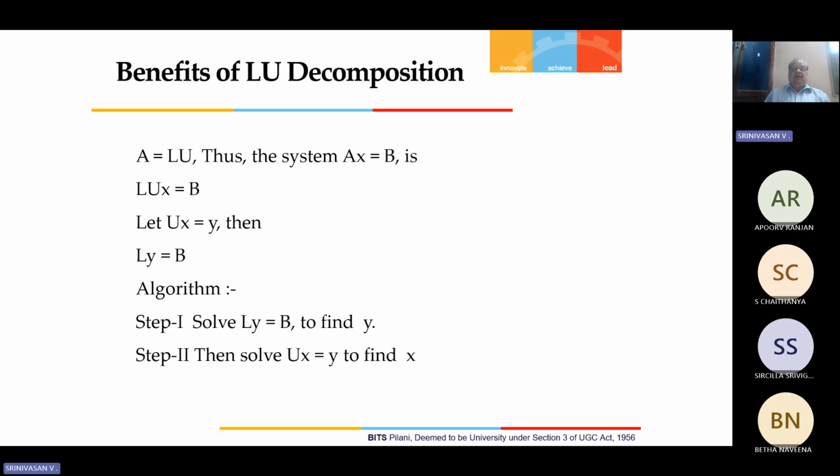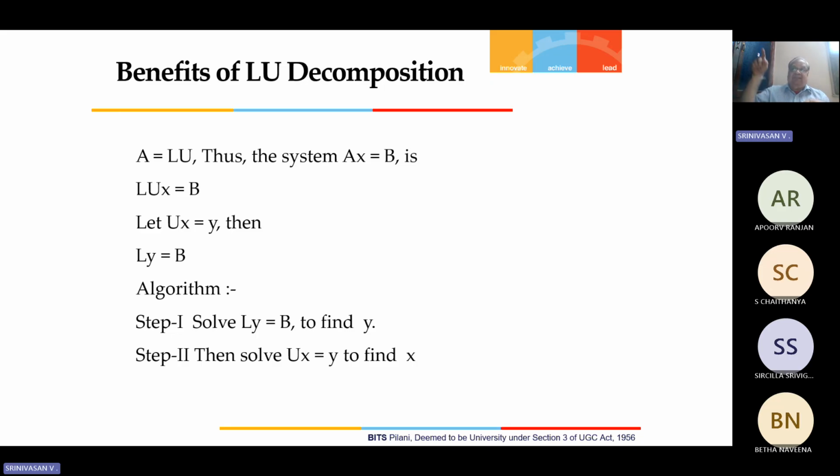But here, since there is a decomposition of the given A into L and U, you have LUX equal to B, which means you cannot directly handle LU over X. So you need one unknown matrix. You think of your inner part UX. Let it be some Y. Then LY equal to B, isn't it? In the place of UX, you have Y. You have introduced it. So LY equal to B.